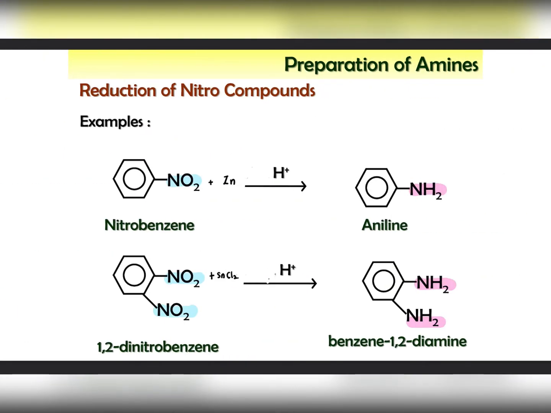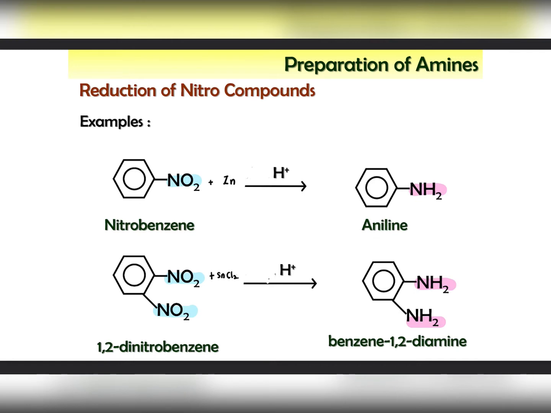So you have here nitrobenzene, and then you react with zinc, and then you have H plus ataupun hydrolysis. Right, so reduction of nitro compound ni, it's just when you have NO2, you akan gantikan dengan NH2. Okay, so daripada nitrobenzene, dia akan form this aniline.